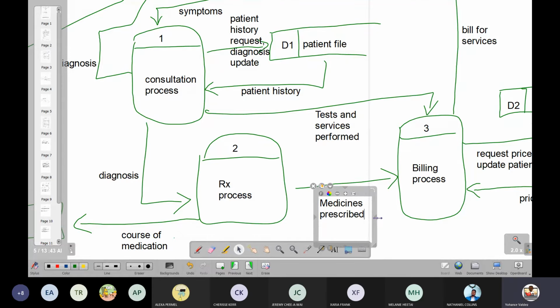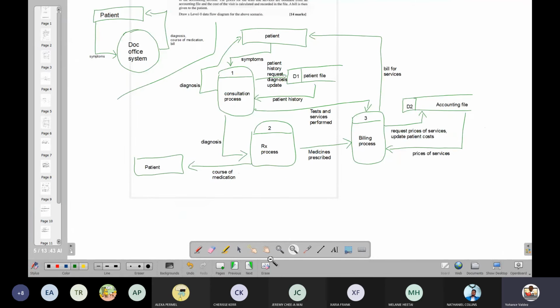Okay, so we could send across the medicines prescribed to the billing process if you make the assumption that the billing process also encompasses the medications that were there. Anybody have any issues with this?